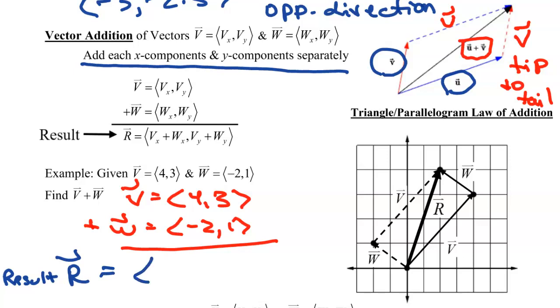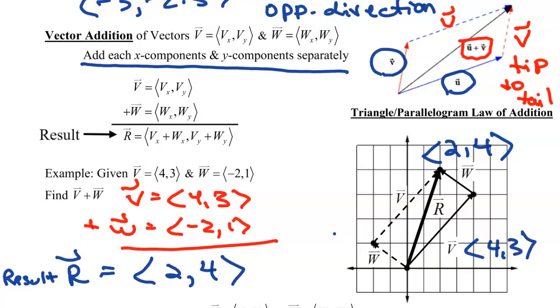Add the x's together, I get 2. Add the y's together, I get 4. I get the new vector 2, 4. Well, that's what I did over here. Here's my v, which was 4, 3, and here's my w, which was -2, 1. I add them together, I got 2, 4. Not too hard, pretty easy to do.